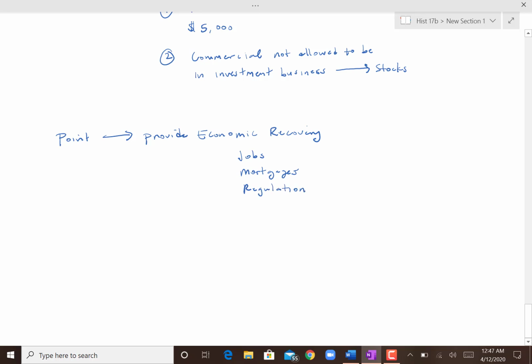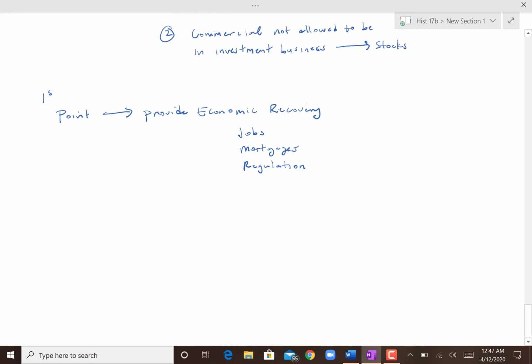The idea was as quickly as possible trying to create a sense of recovery for the United States. What happens is that it's not enough.